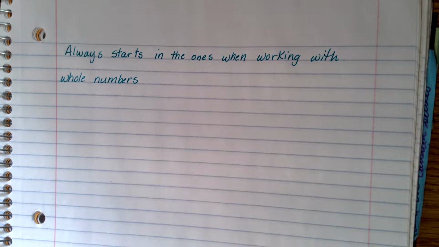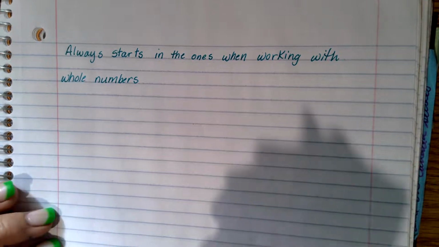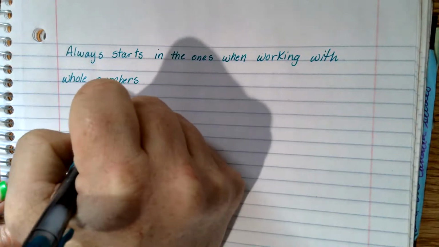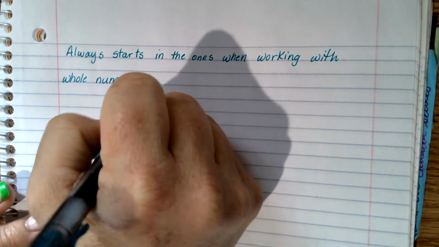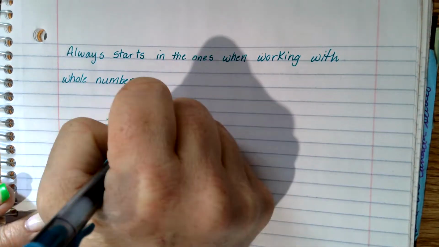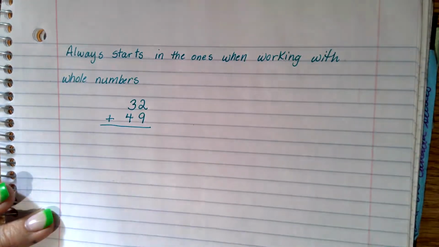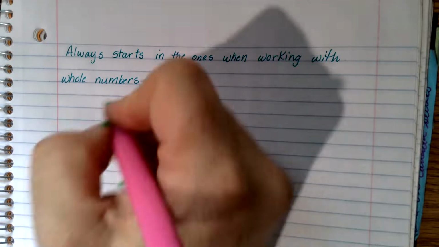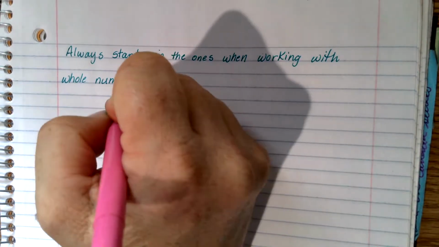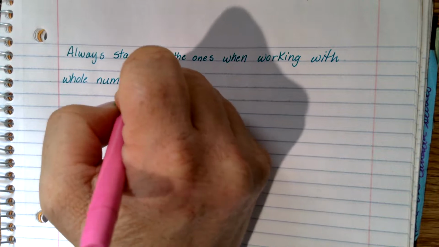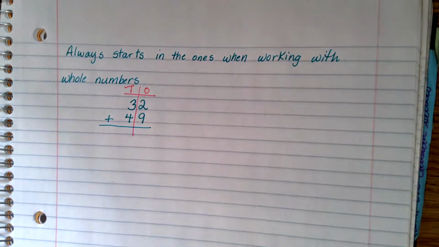32 plus 49. We actually start in the ones column. If you don't remember which column is the ones column, it is okay for you to make a handy dandy little place value chart. There's the ones, there's the tens.